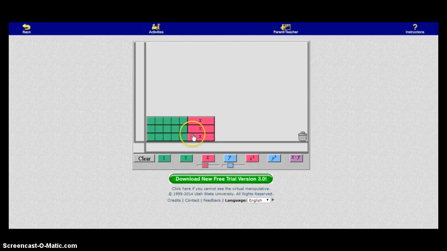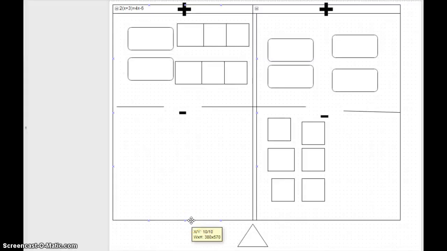Yes, this applet isn't very good for solving equations, so it's something I'm kind of learning as I'm messing around with it. But I do feel like it is a little bit easier to show harder equations or distributive equations. So that's something that's kind of cool about it. Alright.